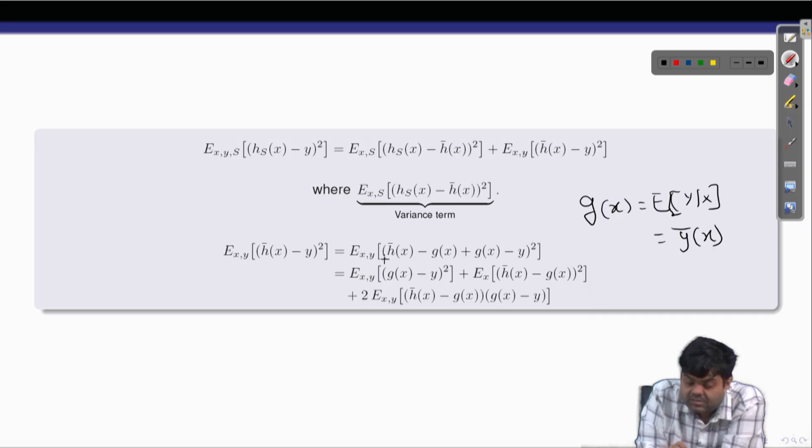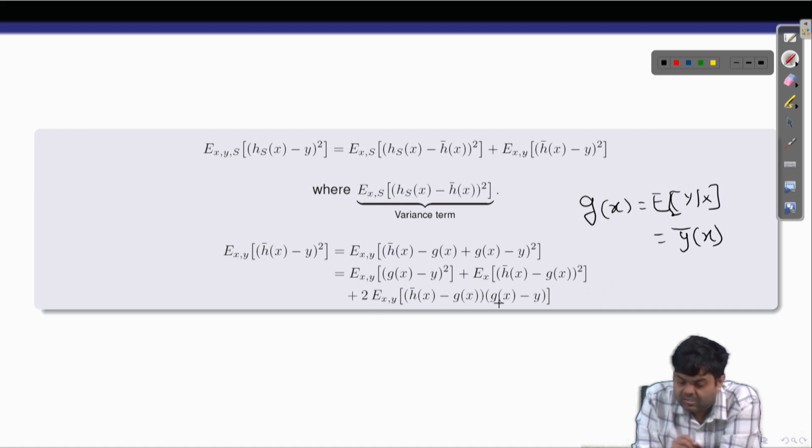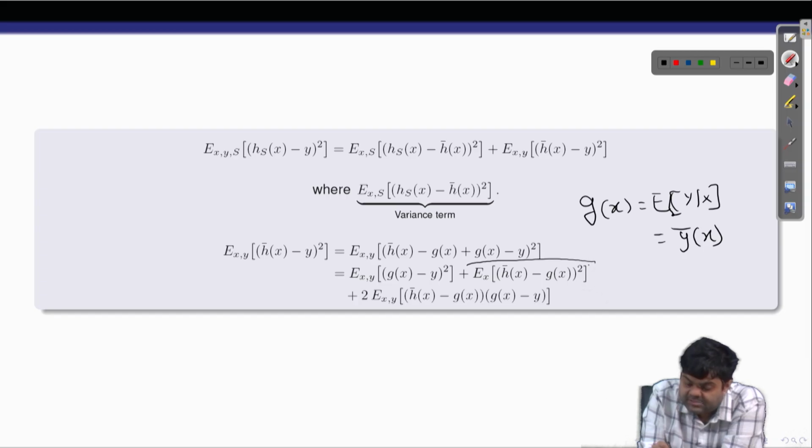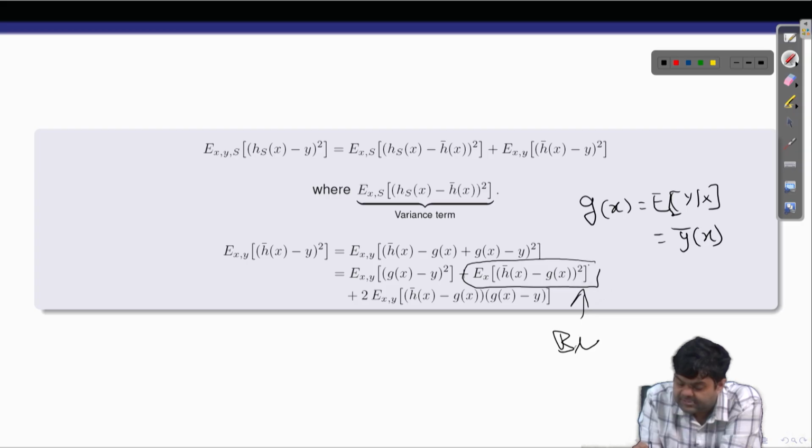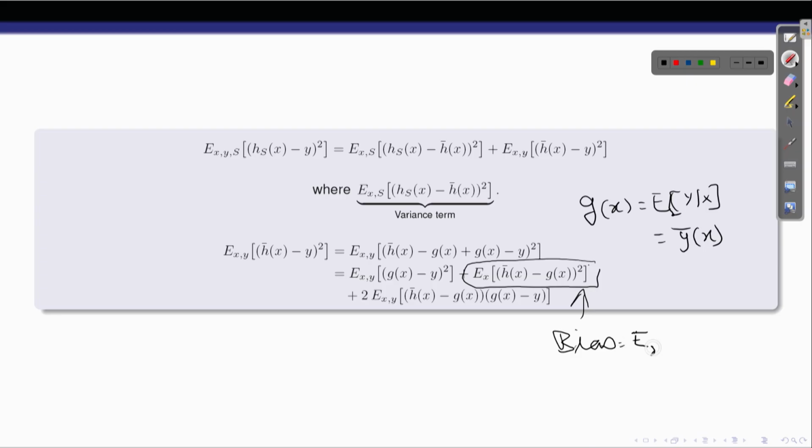Now, again break into three terms: the square of the first term, the square of the second term, plus the third term. Already note that this is your bias, this is the expected value of the average squared difference between the predicted value of y and the average value of y.